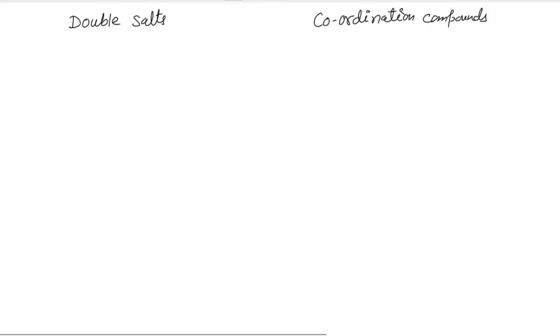So let us try to figure out the difference between double salt and coordination compounds. Tell me, first difference between double salt and coordination compound.